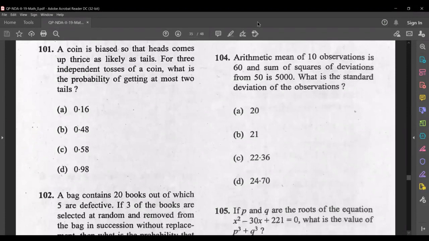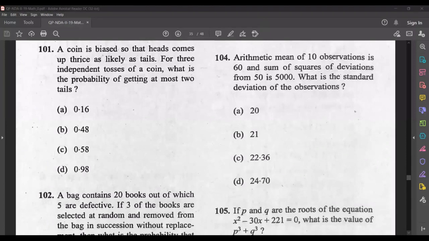So this is a question from probability we are seeing. A coin is biased so that heads comes up twice as likely as tails. For 3 independent tosses of a coin, what is the probability of getting at most 2 tails? At most 2 tails.